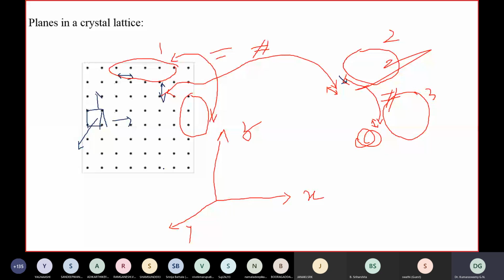The other option is, instead of taking individual basis vectors or the unit cell, we can also take the plane. A plane is a much bigger and easier version. The plane has all the information. Then we have to go on stacking these planes at the appropriate interplanar distance, maintaining the distance between the planes.